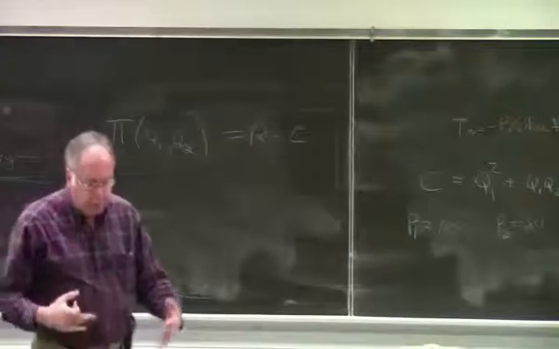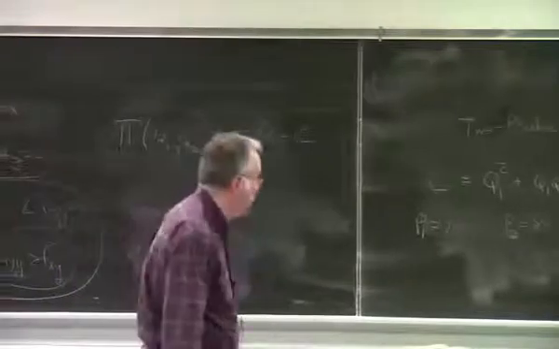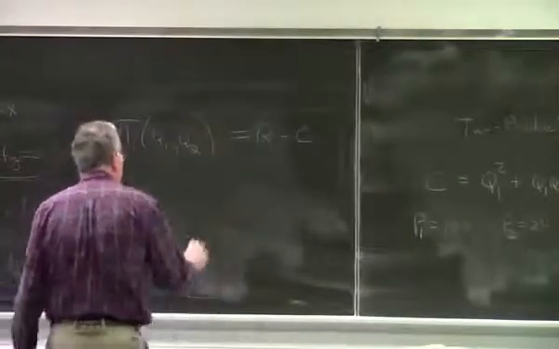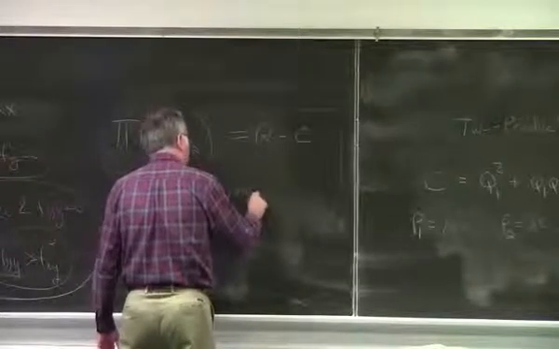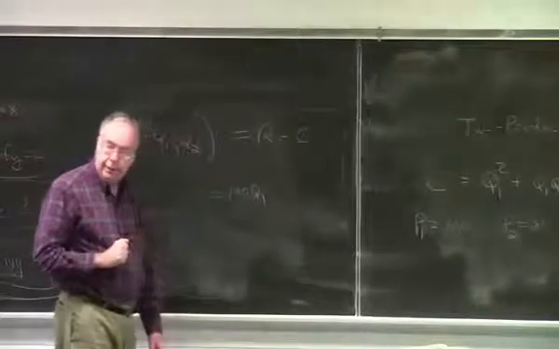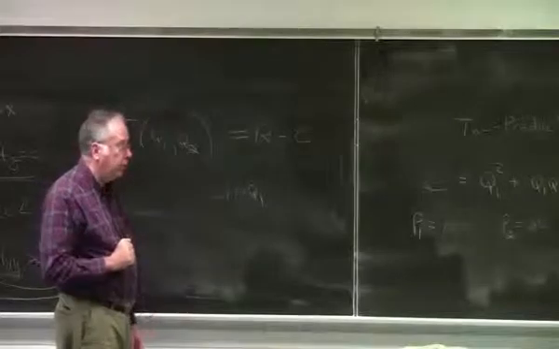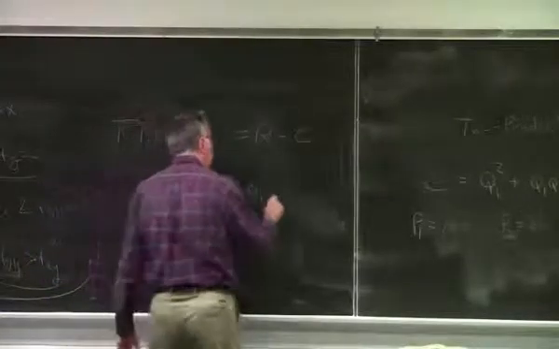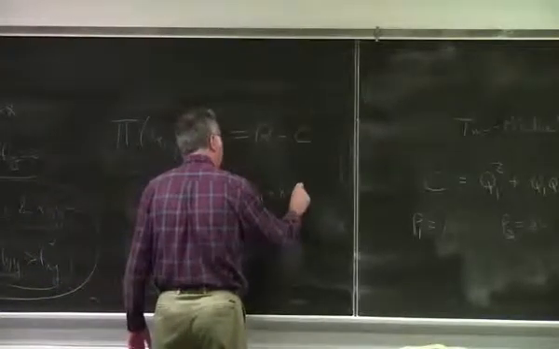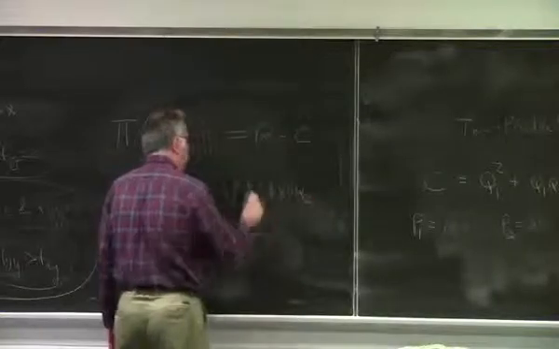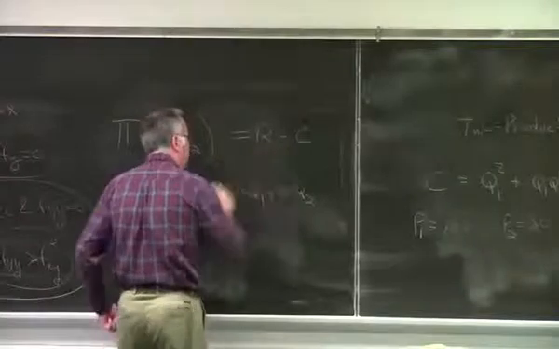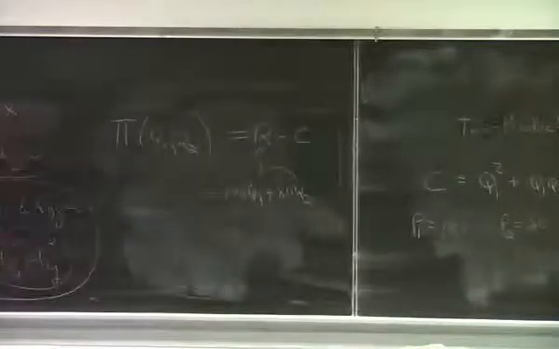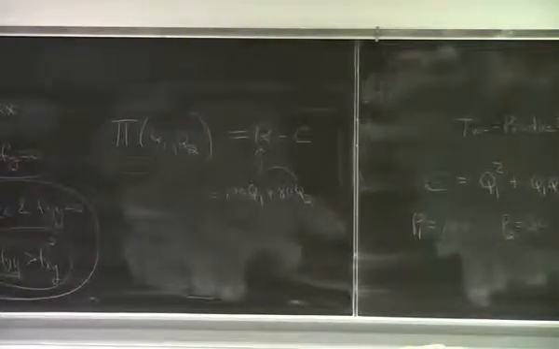There's the revenue from selling product 1, which will just be 100 Q1, plus the revenue from selling product 2, which will just be 80 Q2. So this is our revenue function. Notice revenue is a function of Q1 and Q2.